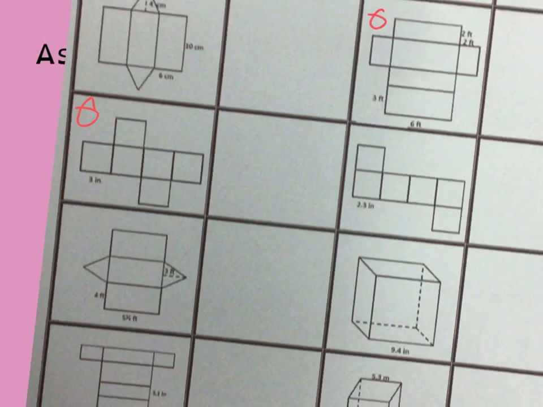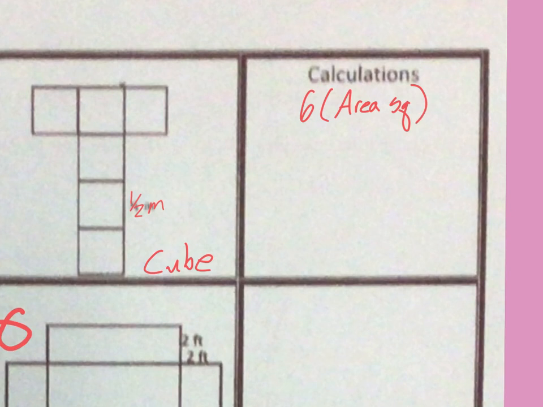So let's start with the cube. My copy's kind of blurry here, so this is actually 1/2 of a meter. Again, this is a cube, so let's have you write that down, the name of it. And then we want to find the area. If we have 6 times the area of the square, we've got it. I'm doing this one because it's got a fraction.